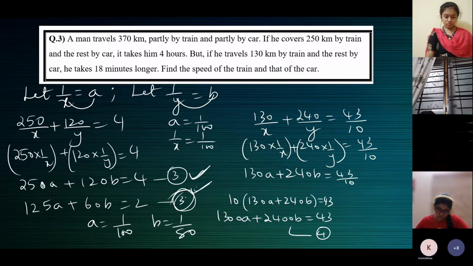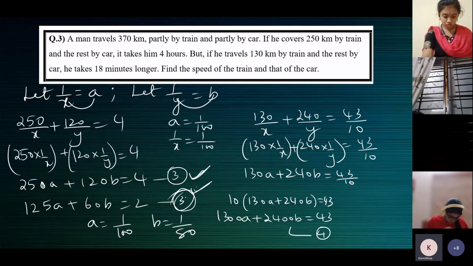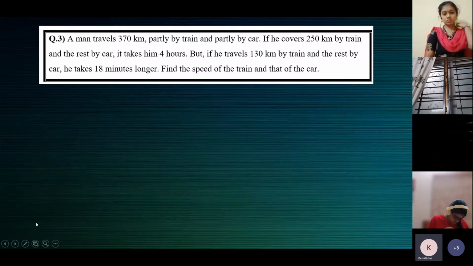You must get A by minus 4,440 is equal to B by minus 5,550, is equal to minus 1 by 4,44,000. Correct, you're right. But when I find B, I can't get that value, ma'am. Let's see. So what you said is right.